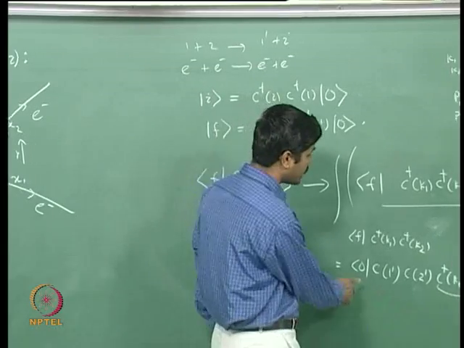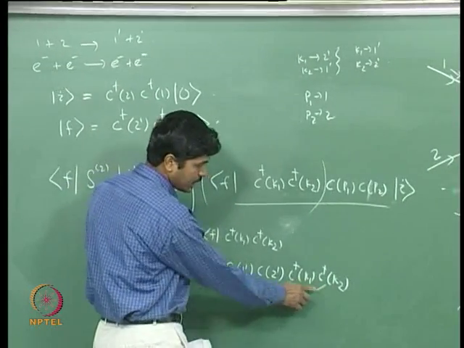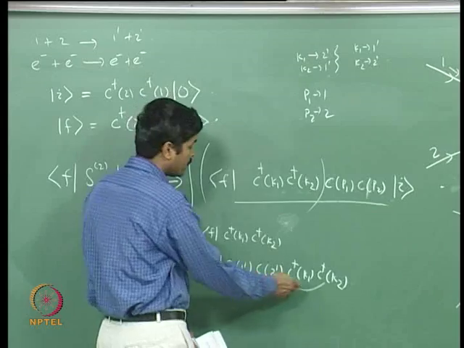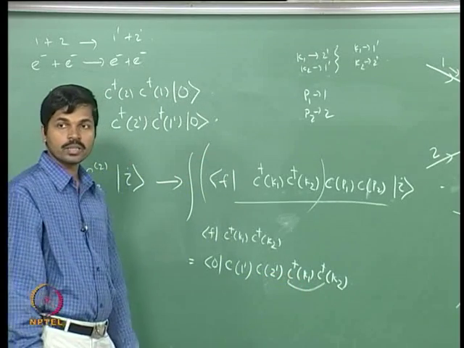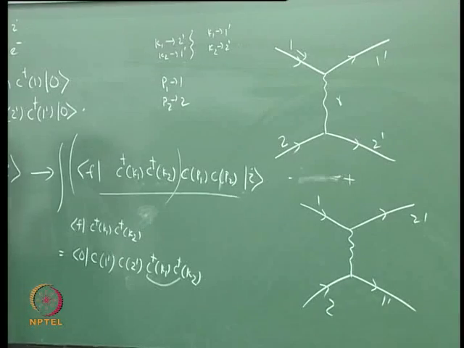The origin of this relative minus sign is the fact that these operators actually anti-commute instead of commuting with each other.